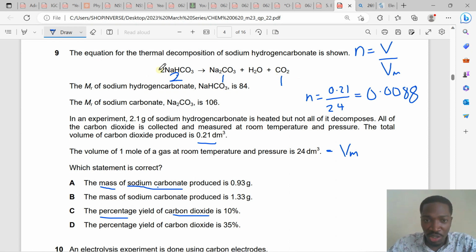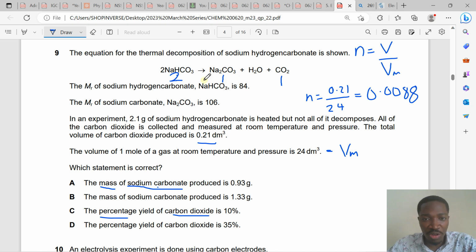Now look at the balanced equation of reaction. If 1 mole of carbon dioxide is produced, automatically the number of moles of sodium carbonate produced is 1. Therefore, if 0.0088 moles of carbon dioxide is produced, then that will also be the number of moles of sodium carbonate that will be produced, because looking at the balanced equation, the number of moles of carbon dioxide produced is equal to the number of moles of sodium carbonate produced. So the number of moles of carbon dioxide produced is 0.0088.